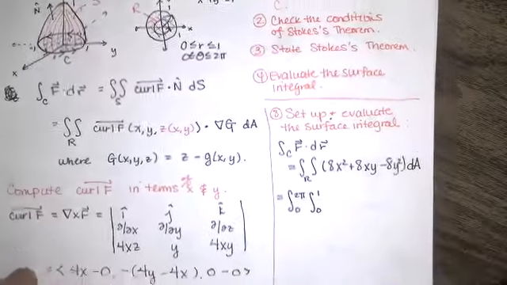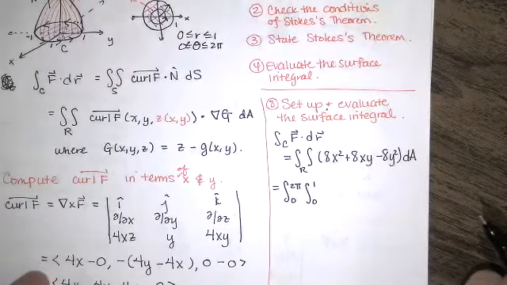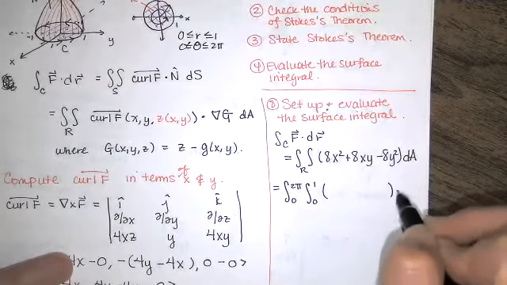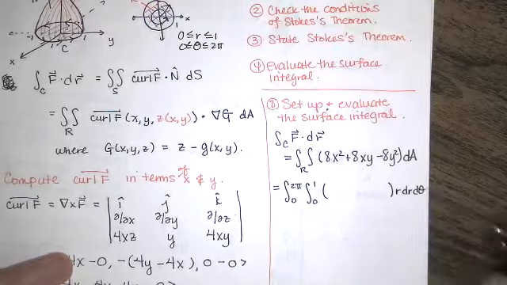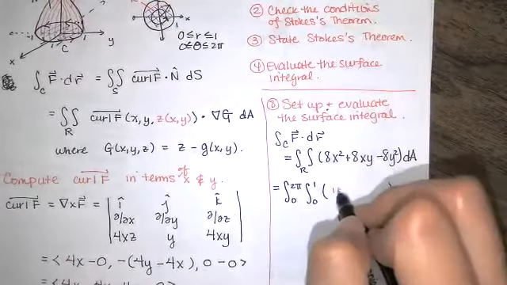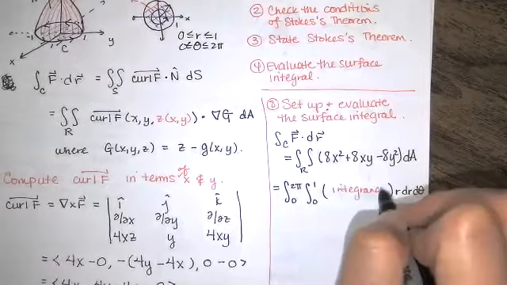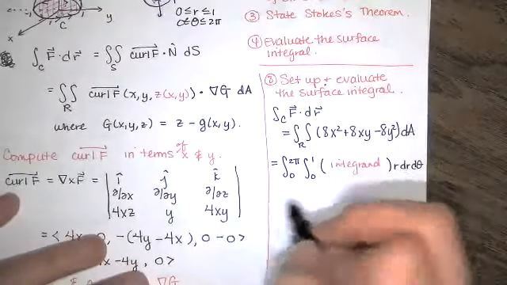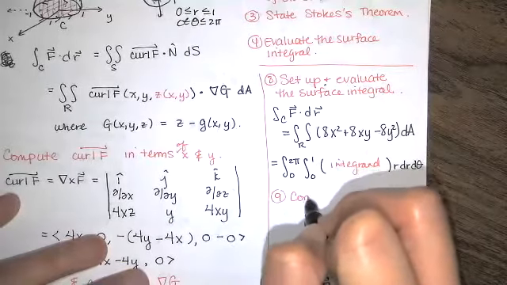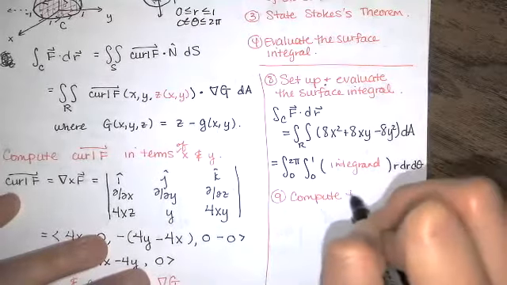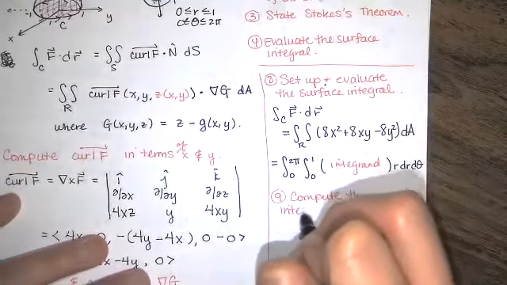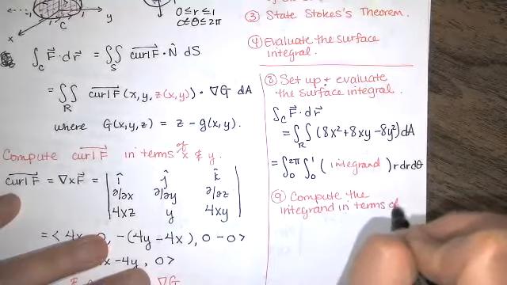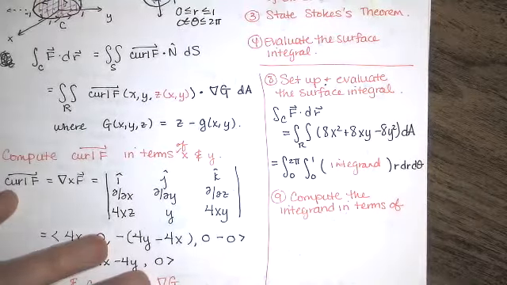Now we need an integrand in terms of r and theta. And dA is r dr d theta. So I'm just going to write integrand for right now, and I'll fill that in. So let's find that integrand in terms of r and theta. Yeah, much easier with the line integral, I'm pretty sure.